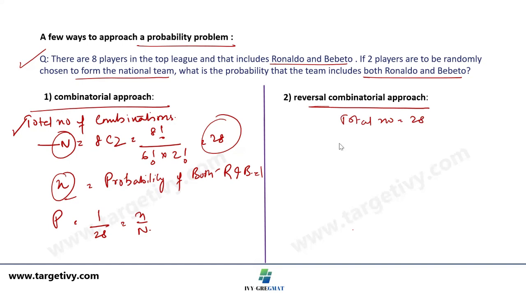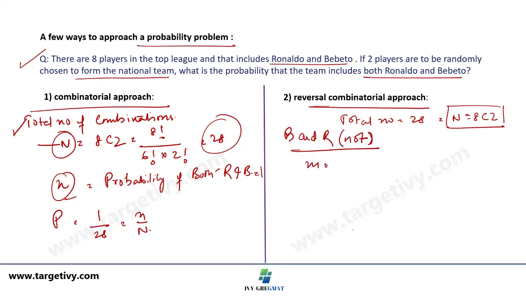If 28 is the total number of possible outcomes, which comes from this formula, n is equal to 8C2, then the number of outcomes where Bebeto and Ronaldo are not going to be there.